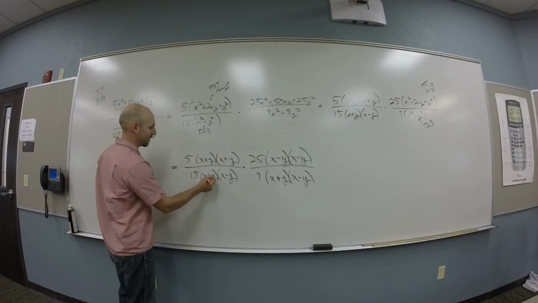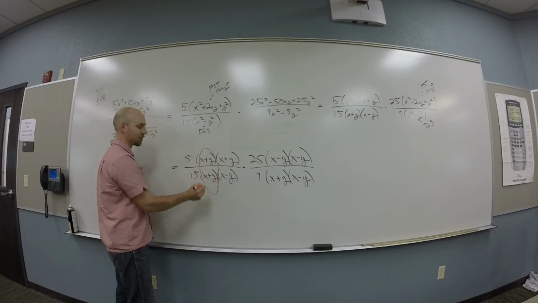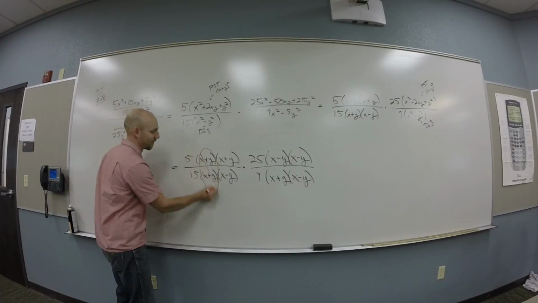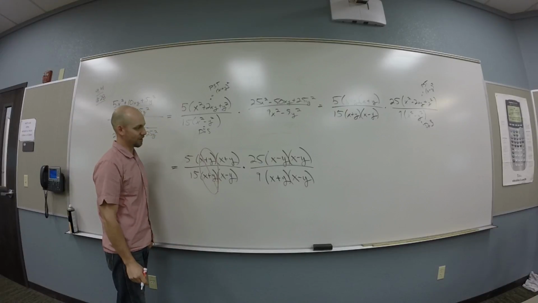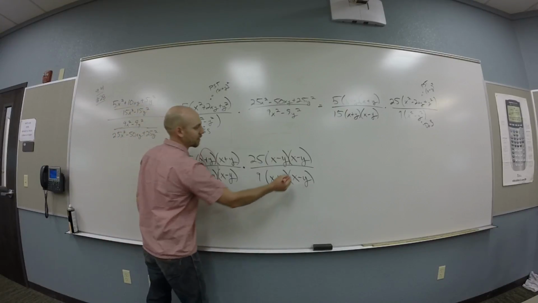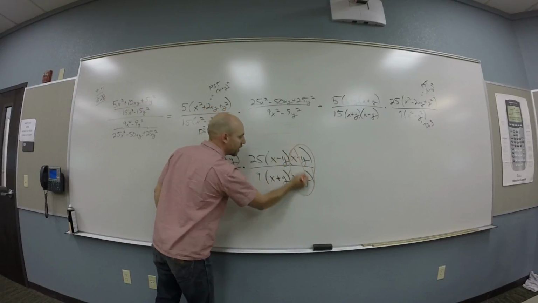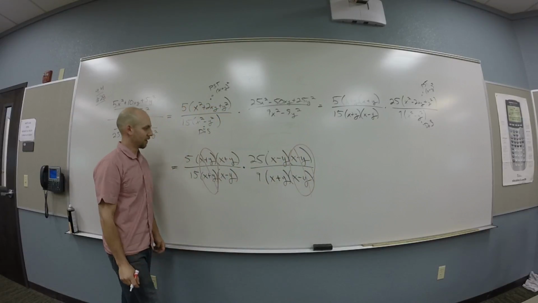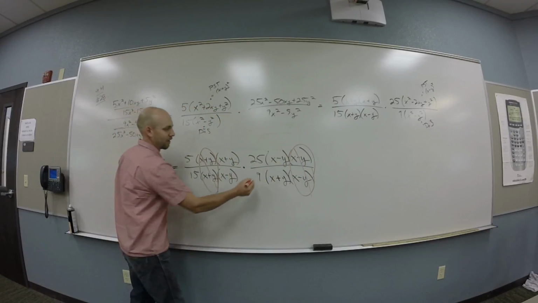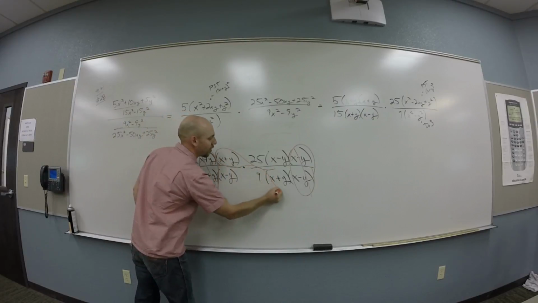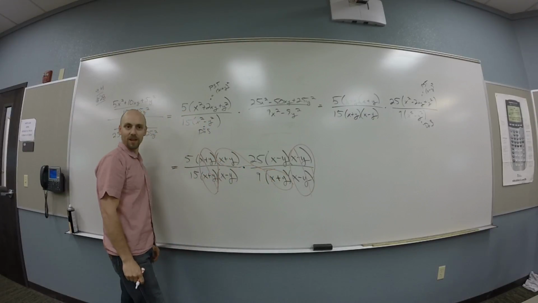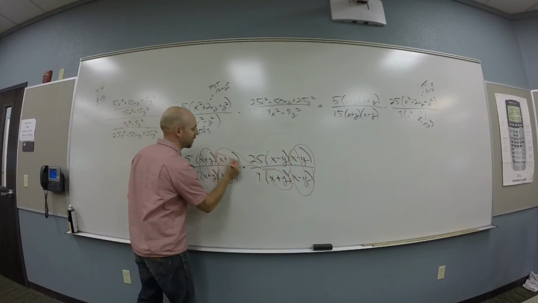Well, the x plus y and x plus y. Okay, so this x plus y is an easy one. That's all one. There are x minus y's that are another easy one. There's an x plus y on the top on the left and one on the bottom on the right.